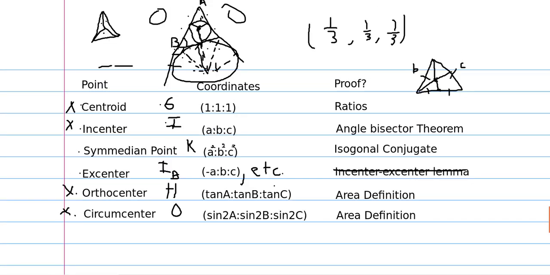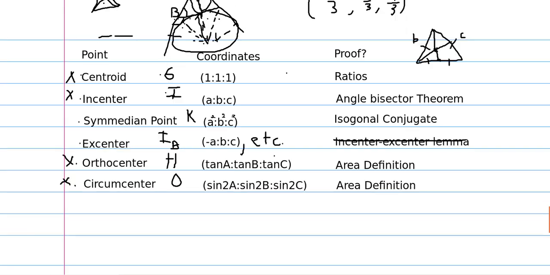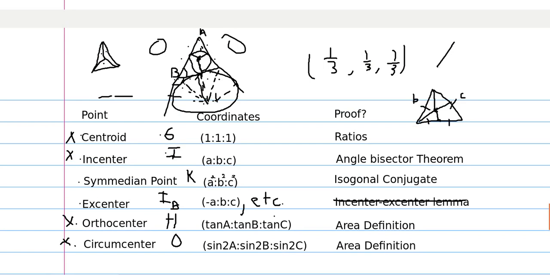You can do a similar thing with the incenter, because if you have an incenter and you drop its radius, which is usually denoted with a lowercase r, then this area is just 1/2 AR.